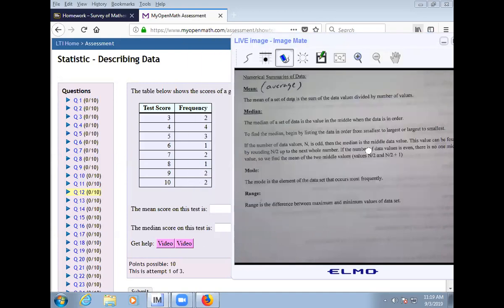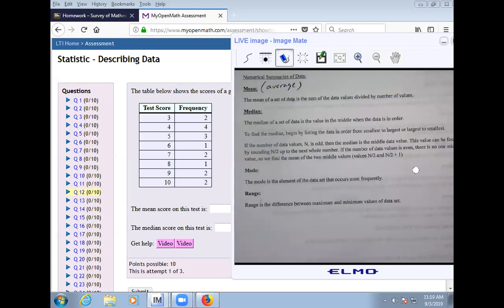So n over 2 and n over 2 plus 1. For example, instead of 17, if you had 18 data, then n over 2 would be 18 divided by 2, which is 9. So you pick the data from the 9th position and the next position, which is the 10th position, right?